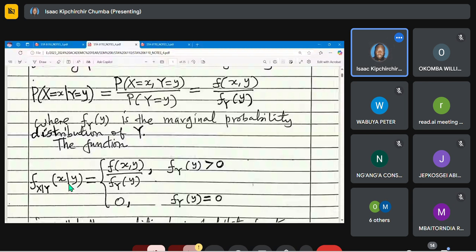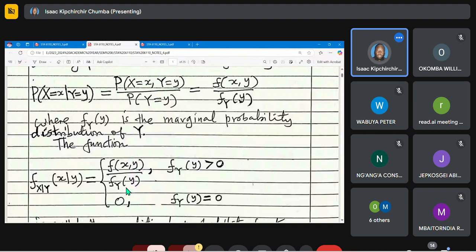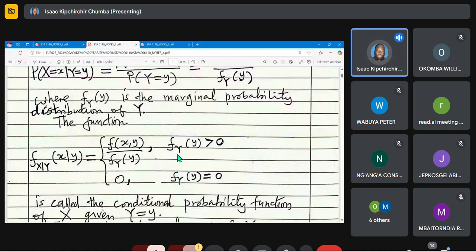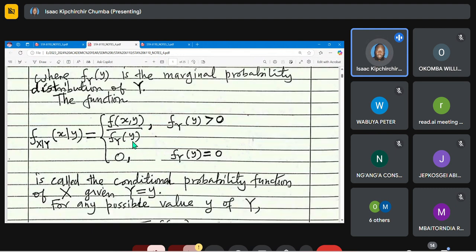And remember, when we say that the marginal is a PDF, meaning it is non-negative, it is usually said to be zero otherwise. When we say it is zero otherwise, this function will be defined to be zero when your marginal is equal to zero, because that is the otherwise.